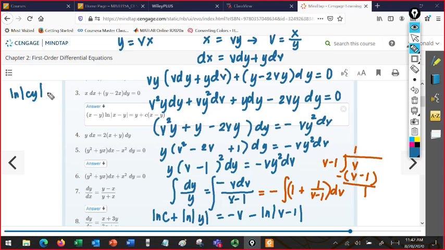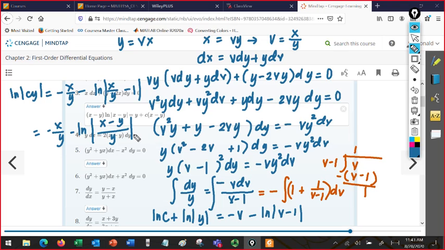So, let's just have ln of cy is equal to negative x over y minus ln. Then, pag sinubstitute, x over y minus 1. So, ganyan siya kahaba. Paano makikita yung x minus y sa kanan? Y, then x minus y. Yan. Lumalabas na siya.